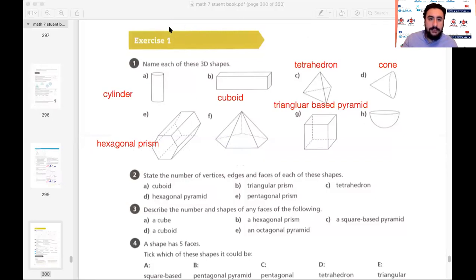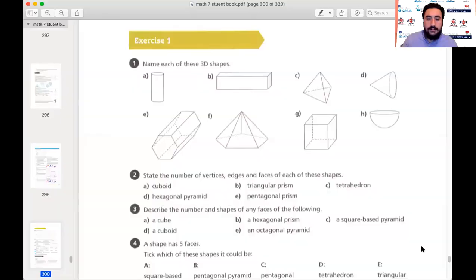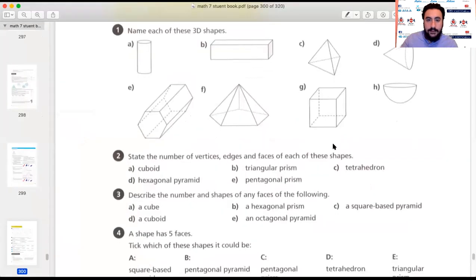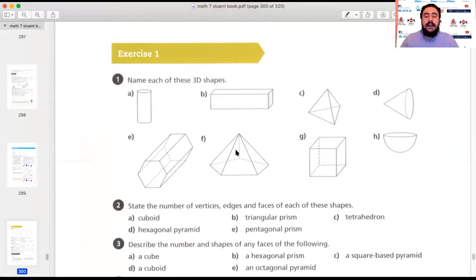Ask about this shape, letter F. Okay, so let me ask you a question and you're going to answer me.